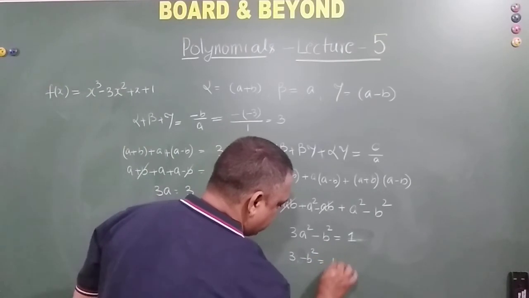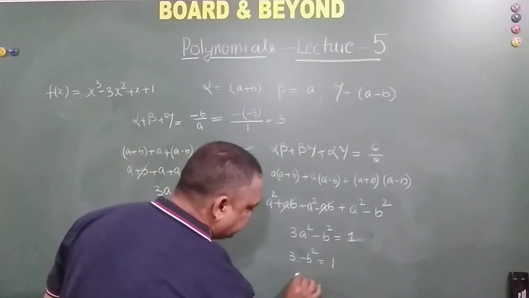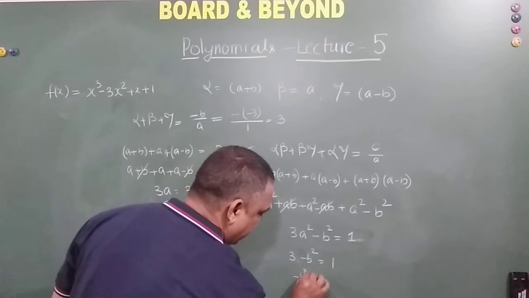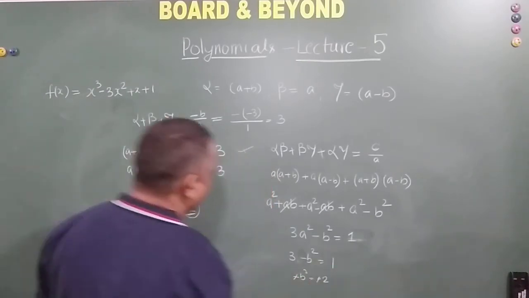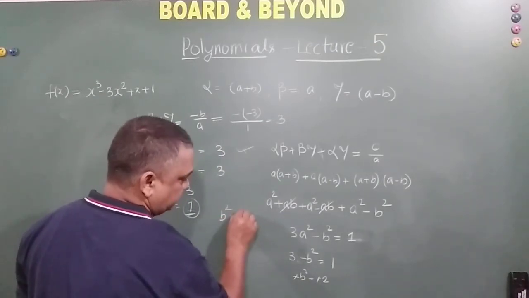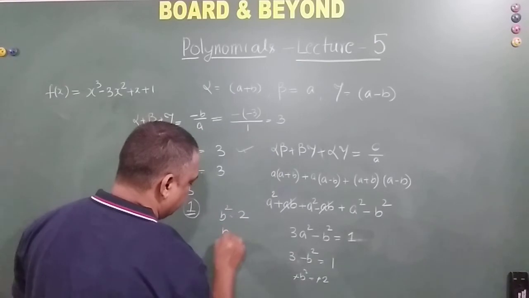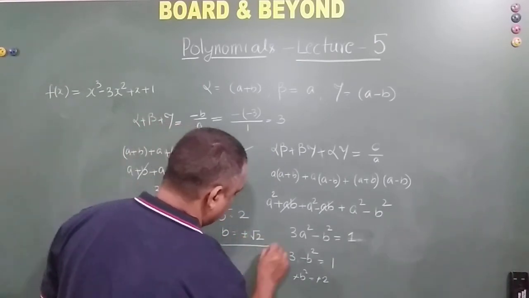Minus b square is equal to 1. So minus b square is equal to minus 2. Minus and minus cancel. So b square is equal to 2. So b is equal to plus or minus root 2.